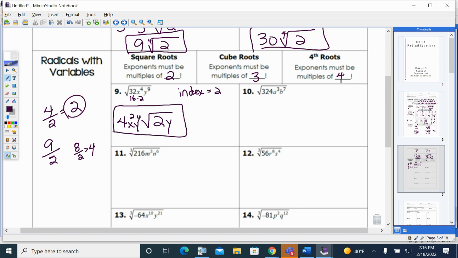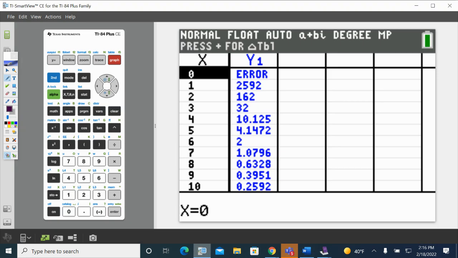Well, let's look at another one of those. Another square root, number 10. I've got the square root of 324, a to the 3rd, b to the 7th. Again, the index is 2. So the square root of 324, if you want to do this in the calculator, we can.